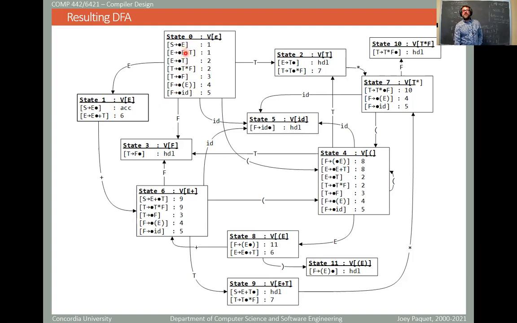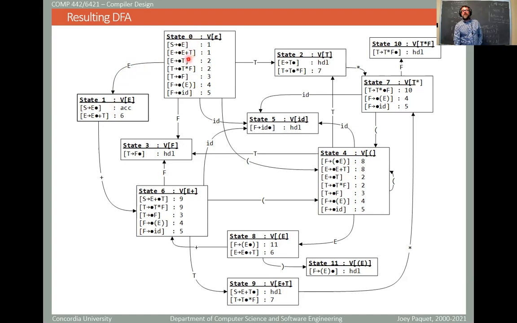Each of these is actually a transition to another state. If I'm in state 0 and I see E, I go to state 1, and I put the dot after the E, and that becomes my starting items for state 1. So in state 0, parse an E, go to state 1.